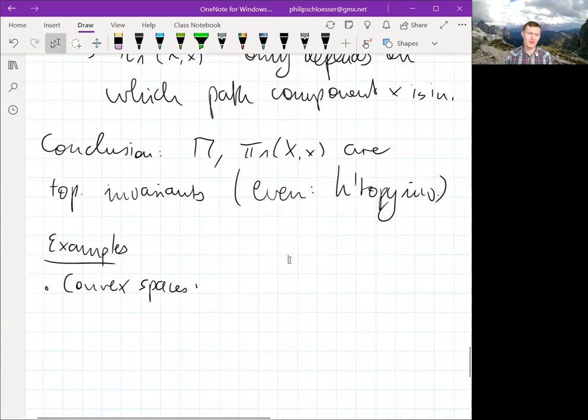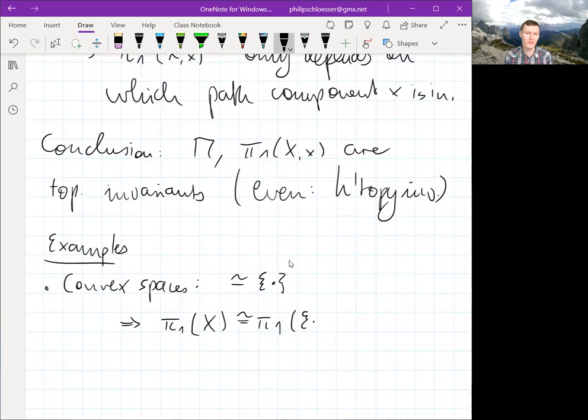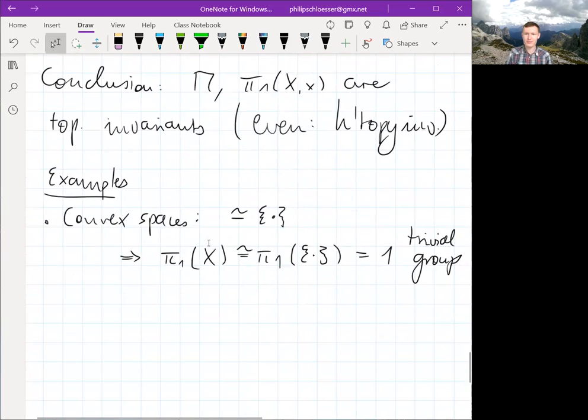We have seen that they are homotopy equivalent to the set containing one point, so that the fundamental group of any such convex space is isomorphic to the fundamental group of the space containing just one point, but that is just the trivial group, because every path is already constant, so nothing to be done, I guess.